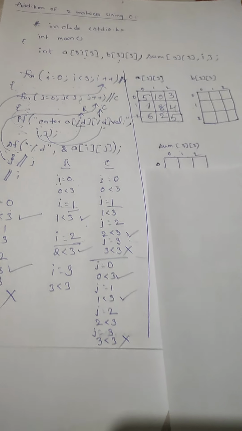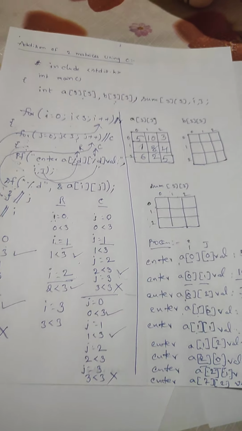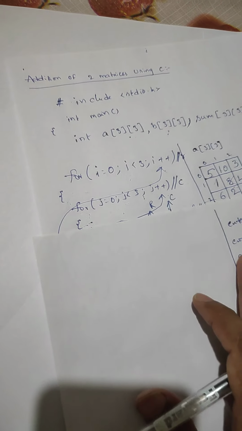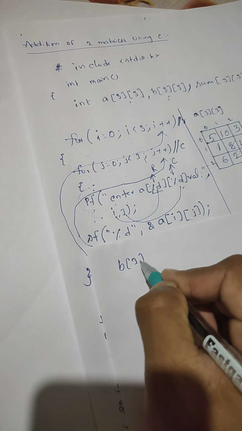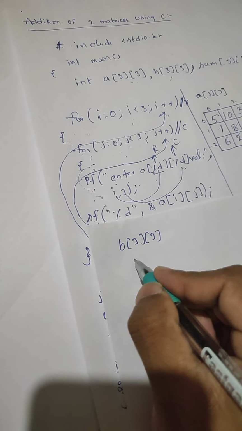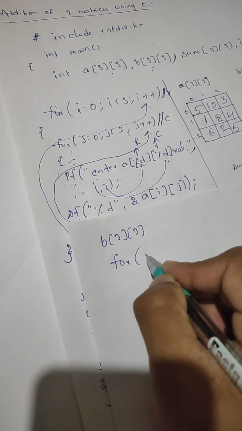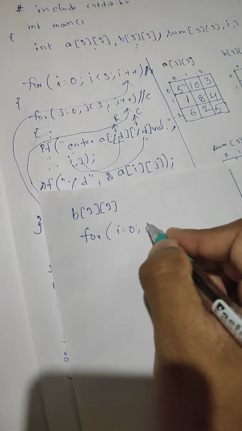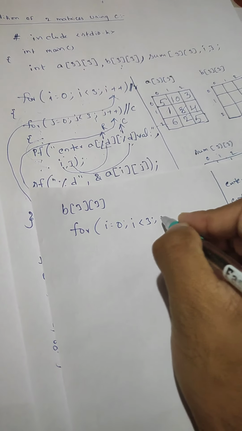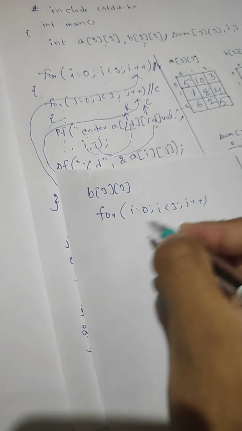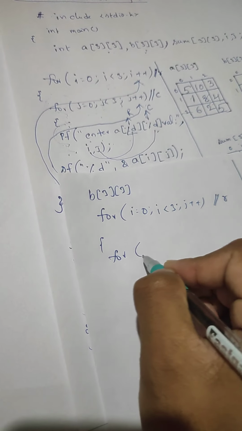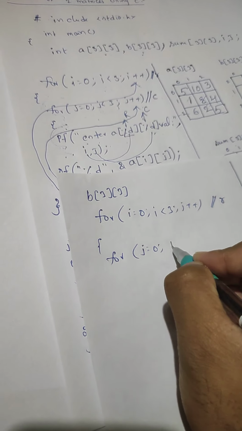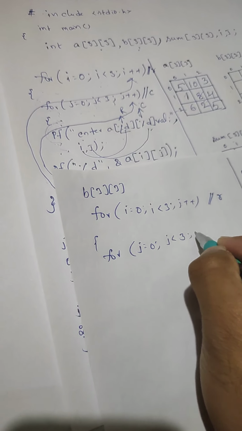So for that, how to write the code? In the same process, this is the code for the B matrix values. For i is equal to 0, i less than 3 and i plus plus. So this is for rows. Next, for j is equal to 0, j less than 3 and j plus plus.